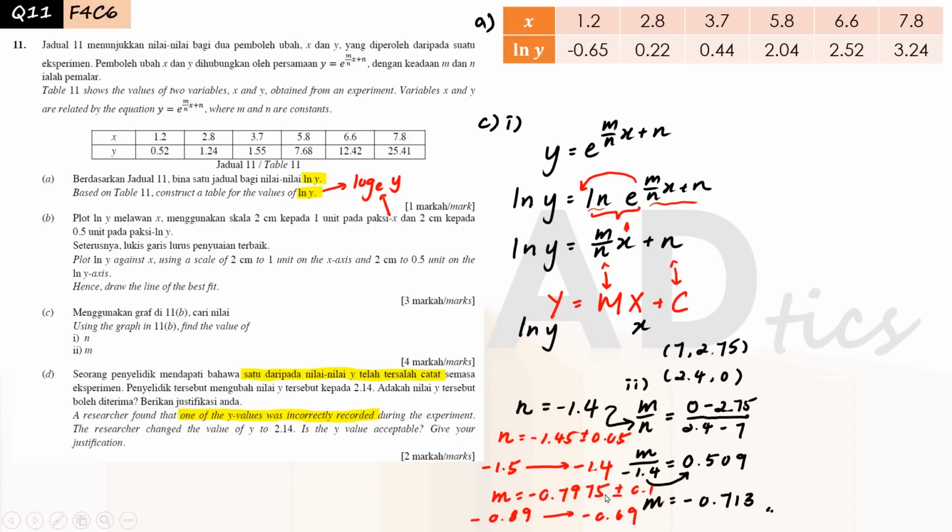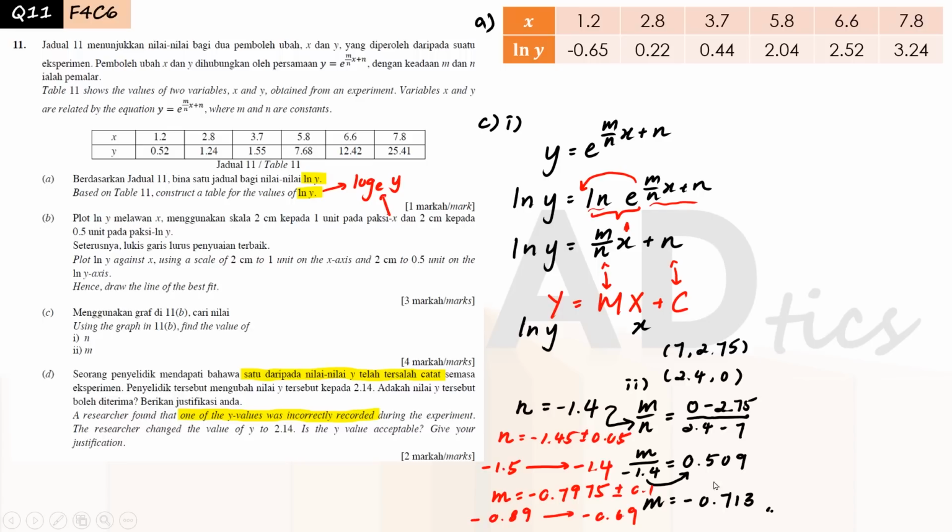But just to let you know, the range here of plus minus 0.1 is just an assumption. Okay, so for answer schemes that don't give us the range, usually what we do is make sure our answer is as close to the given answer as possible, right? Because if it's too far, for example negative 0.6, which is very far from this value, it will most likely not be accepted as an answer.